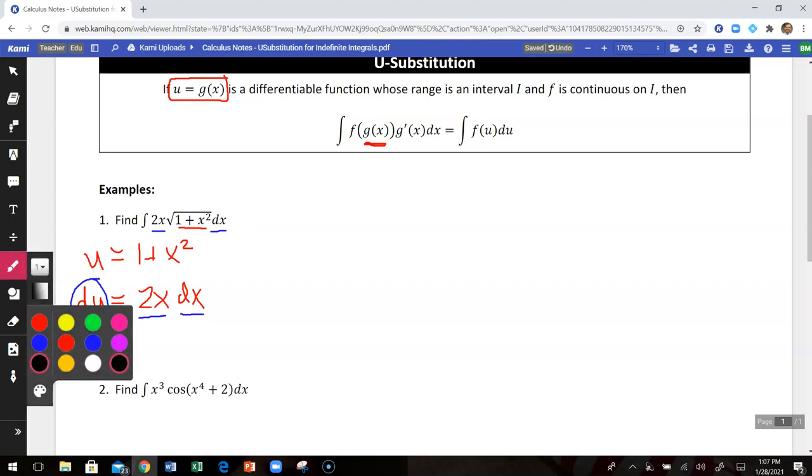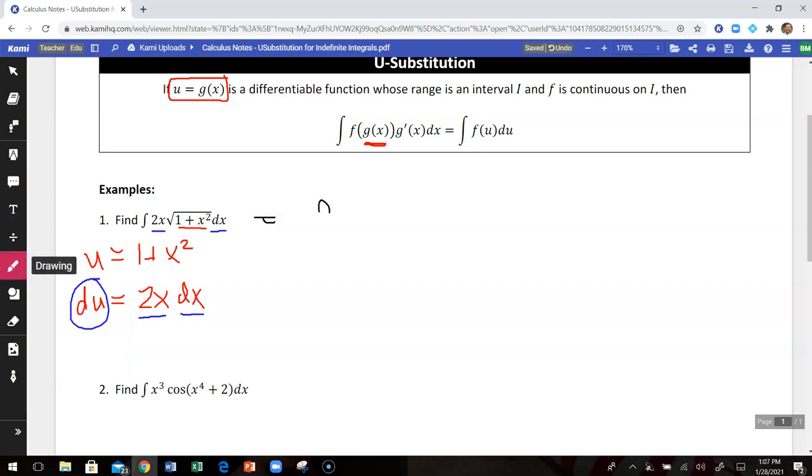So our integral becomes, let's think about this, we're replacing the 1 plus x squared with u, so this is the square root of u. And then we're replacing the 2x and the dx with du.